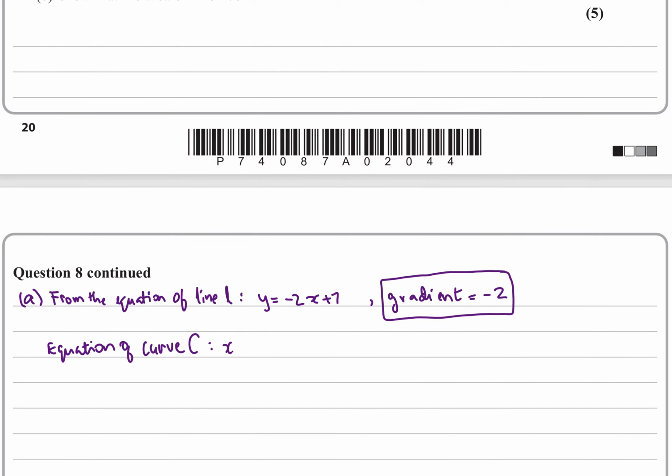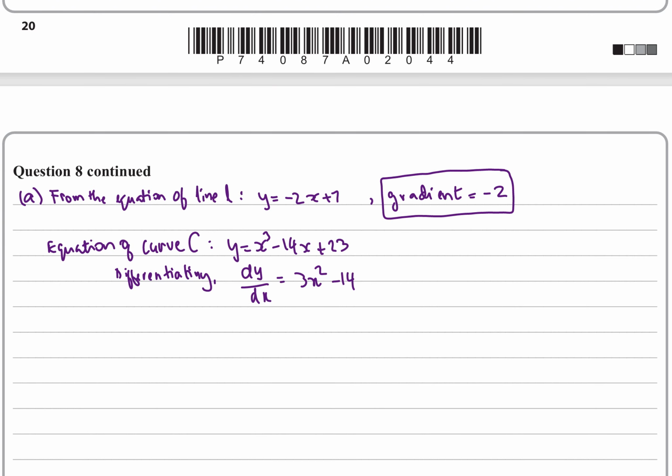I'm going to differentiate this, because the gradient of the curve at the point A and the gradient of the line at the point A are equal. Differentiating, we get dy over dx is equal to 3x squared minus 14.